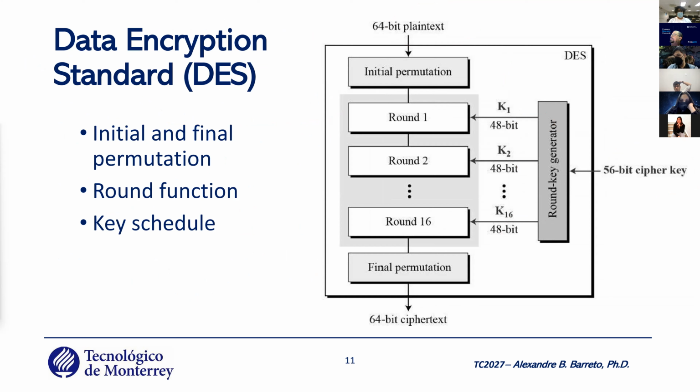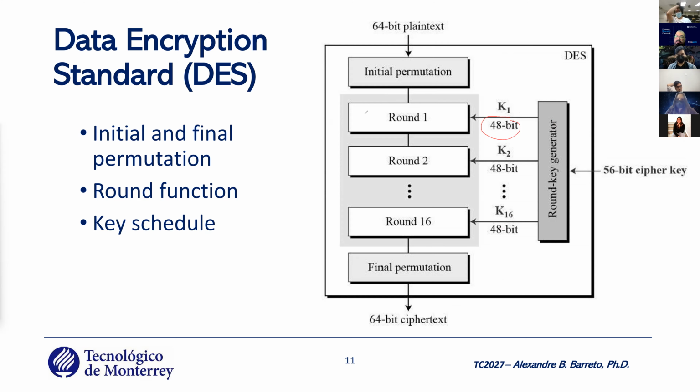Again, you have three operations: initial permutation, round function, and key schedule. The round function is not a short operation. It's a little more complicated.